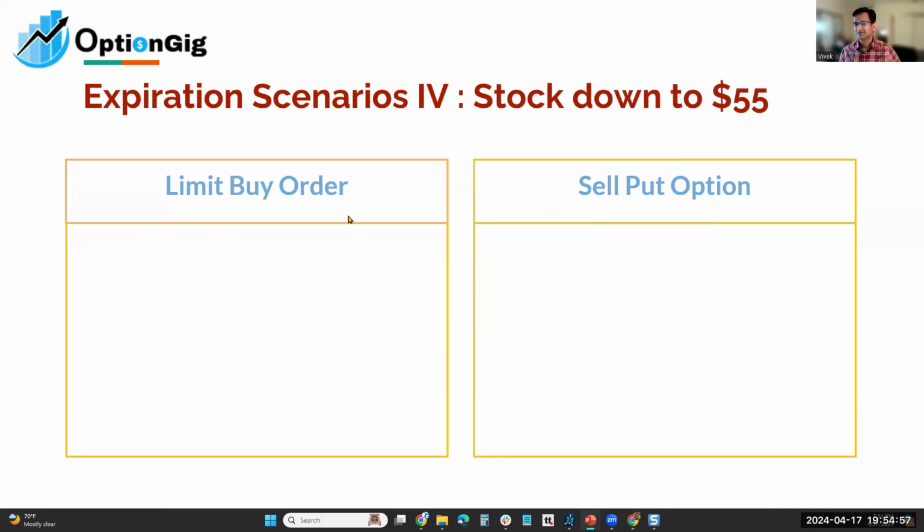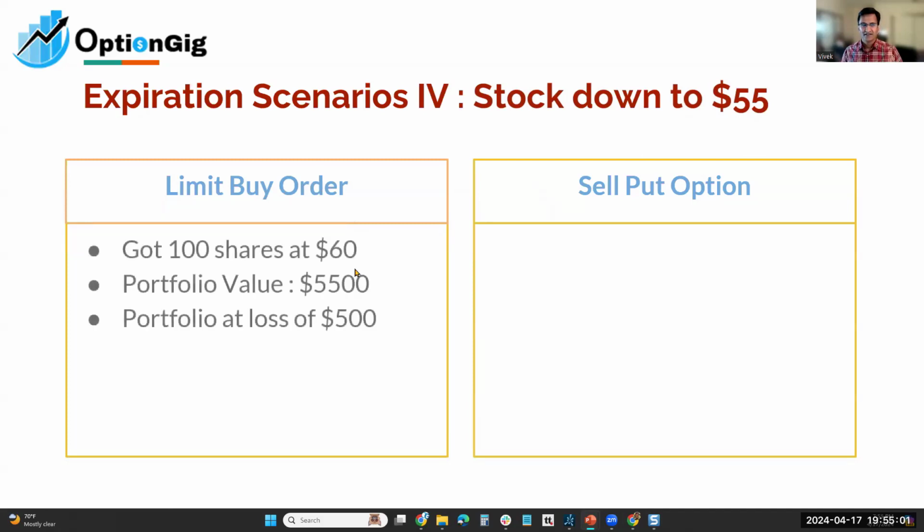Fourth scenario. Stock is down to 55. Limit buy order, you have 100 shares. Your portfolio is now worth $5,500. Fair enough? Because stock went down to 55. You started with 6,000, now it has $5,500. You're actually down $500.